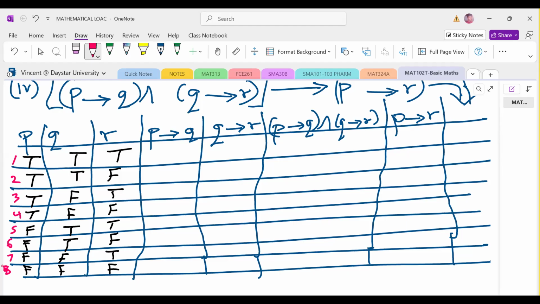I need the lines which I need to pick to get an F for this column 3, for this column 4. Line 3 only.